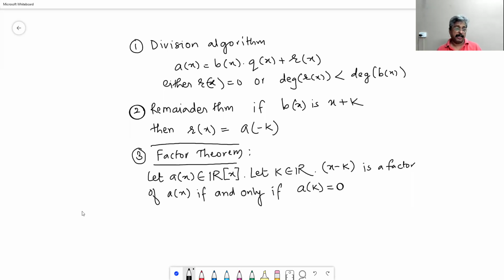I give you 3-4 minutes to write down your own proof. After that I will write. Part 1. Remainder theorem.